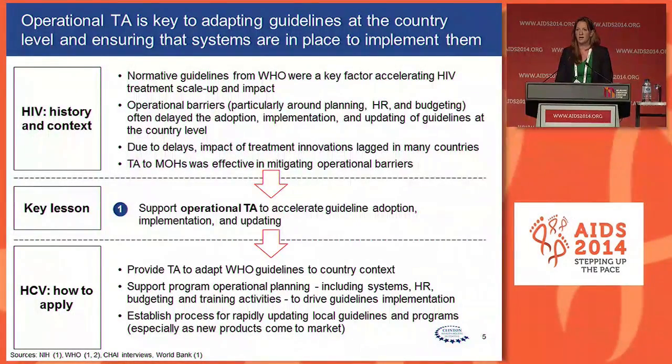If you don't have the planning for HR and budgetary needs, thinking about supply chain systems, thinking about procurement and lab networks, your guidelines are not going to be able to be rolled out as easily or as impactfully. So in thinking about what to do for hepatitis C, remembering technical assistance and having partners there to support that technical assistance early on is very important.